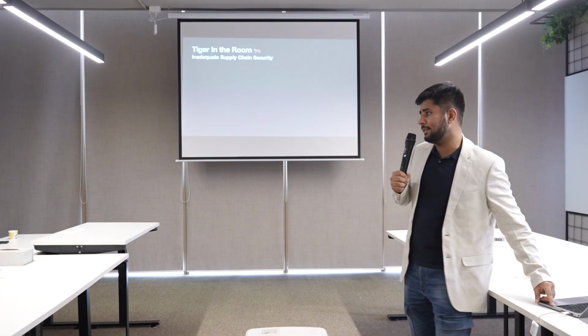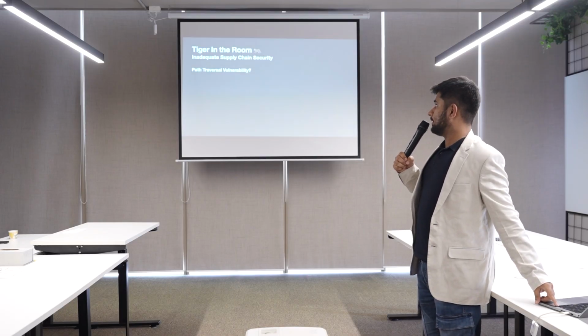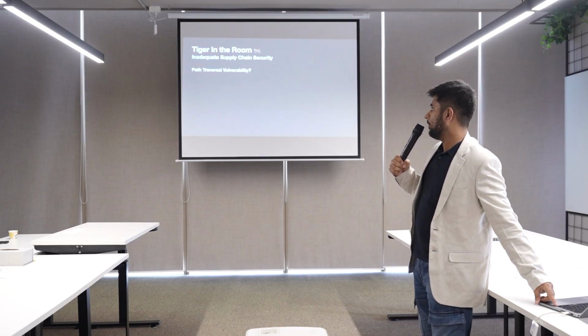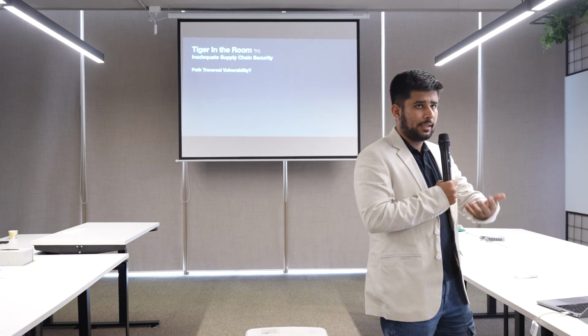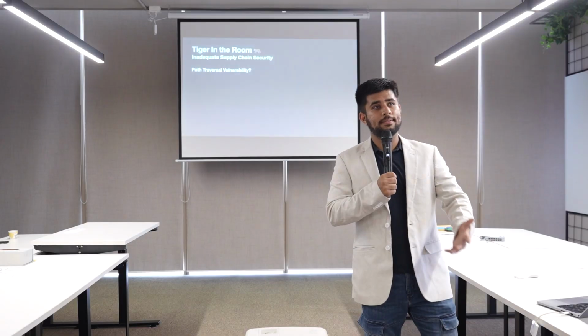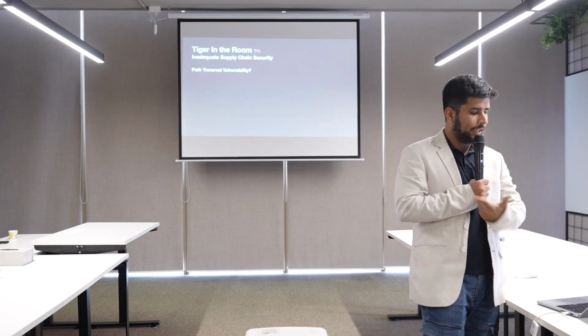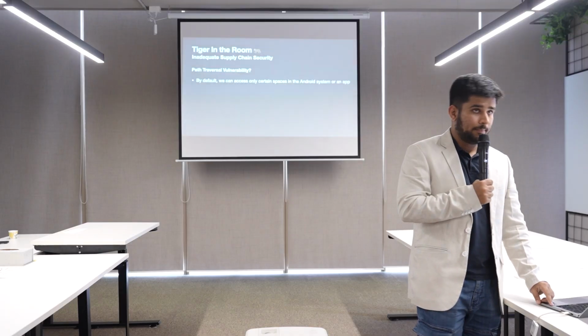So what exactly is this path traversal vulnerability that is part of inadequate supply chain security? As I said, supply chain means that maybe you don't make the fault, but someone in your supply chain does. This could have been the weakest link in your app, and it's from Google.